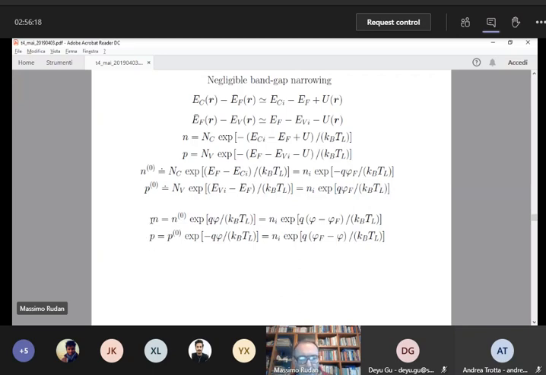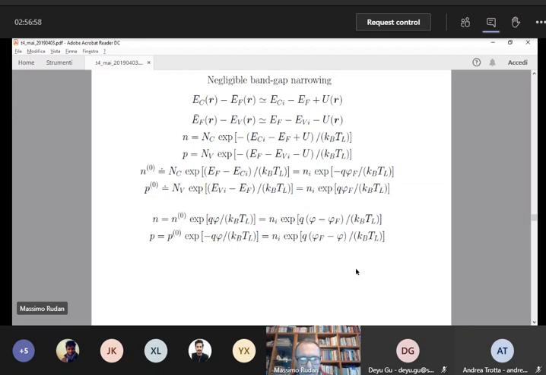Then the concentration of electrons and the concentration of holes are known functions of phi. That means that in the equilibrium condition, if we succeed in calculating phi at each position of the semiconductor, then we can calculate n and p at each position in the semiconductor, because all the remaining quantities in the formulas are parameters. Okay?